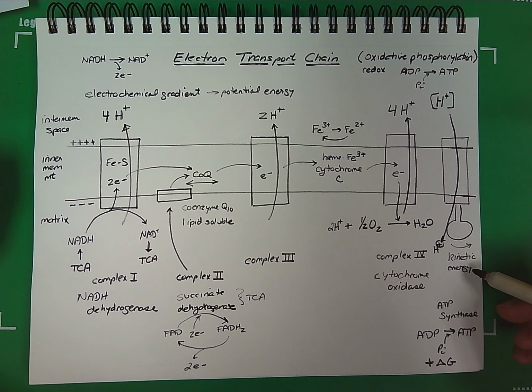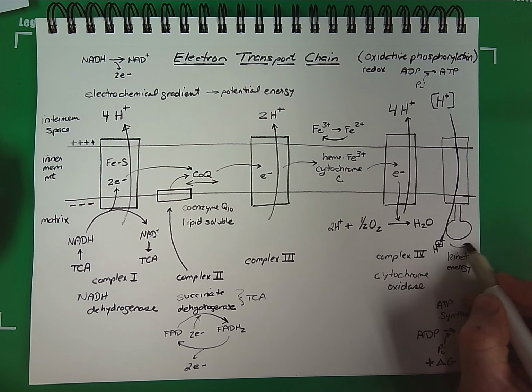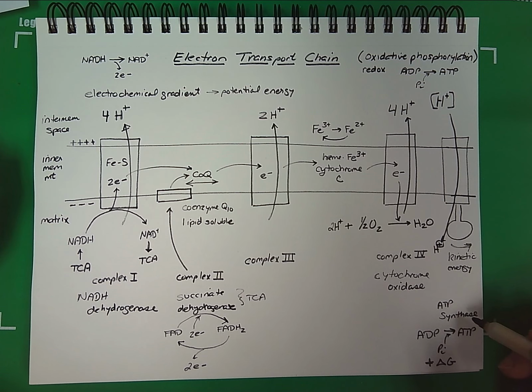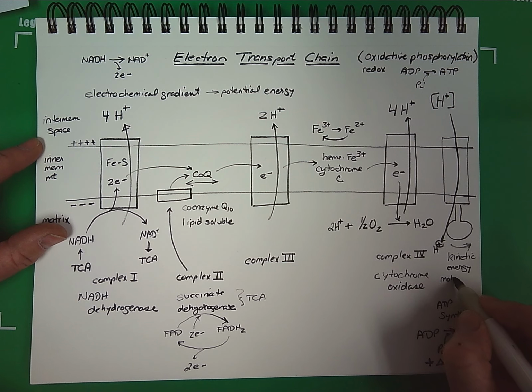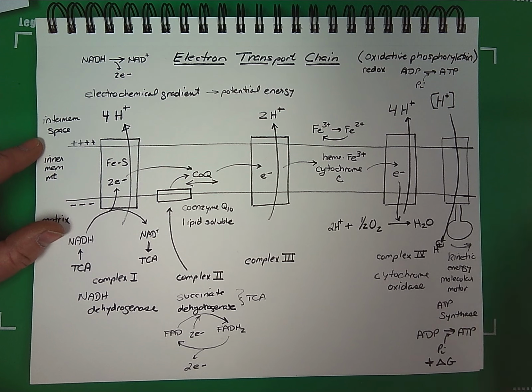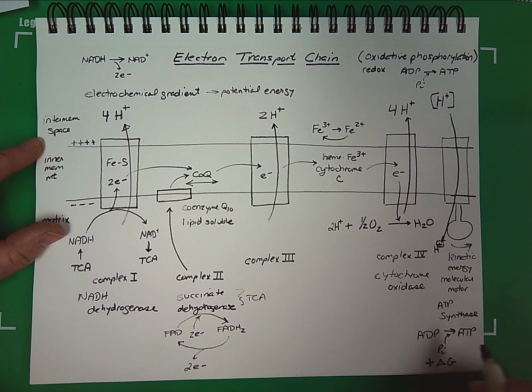Kinetic energy means that we are going to be spinning what is called the head group of the ATP synthase complex. So this is actually what is called a molecular motor. As this spins, the kinetic energy is going to be harnessed to generate ATP. And we'll take a look at this process when we look at redox potentials in the next video.